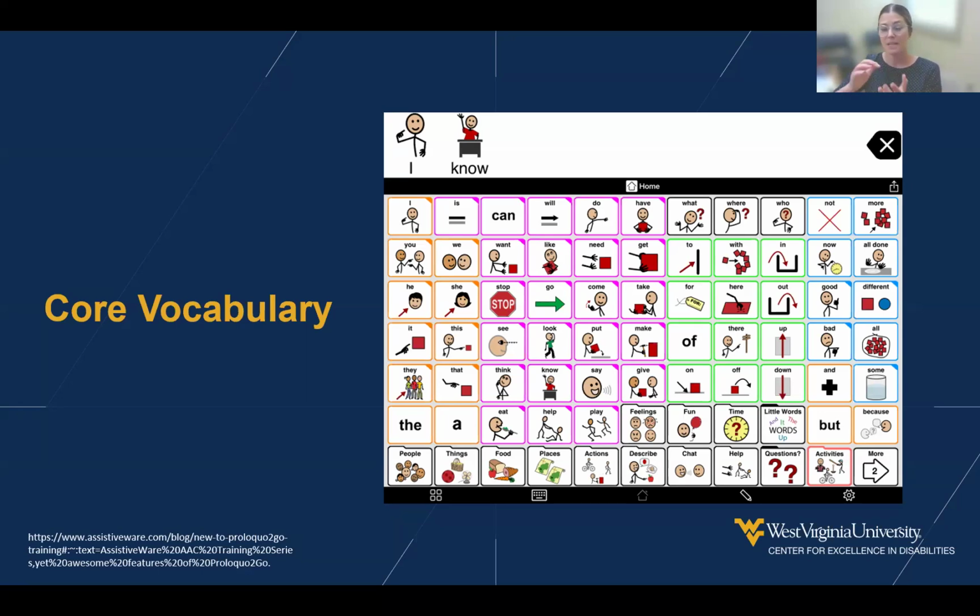So those are going to be based on, again, individualized vocab based on your user, or your child in this case. So the people that are in there are going to be your family members, their friends, their teachers, the people that they need. The things that are going to be included in the food are going to be the foods that they like to order, the foods that they like for breakfast, lunch, and dinner, their favorite snacks. Actions are going to be the actions that they enjoy, right? So we're going to have those personalized categories within those folders, and that would be their fringe vocabulary.